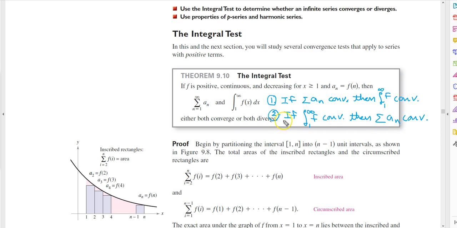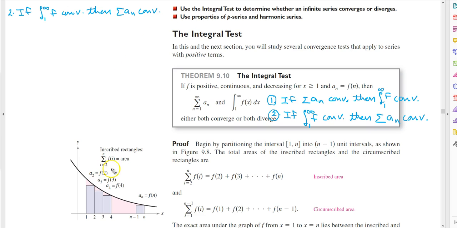Now let's take a look at the proof of, let's do number 2 first. So we're going to prove that if the integral converges, then the series converges. Okay, so we're going to prove that first.